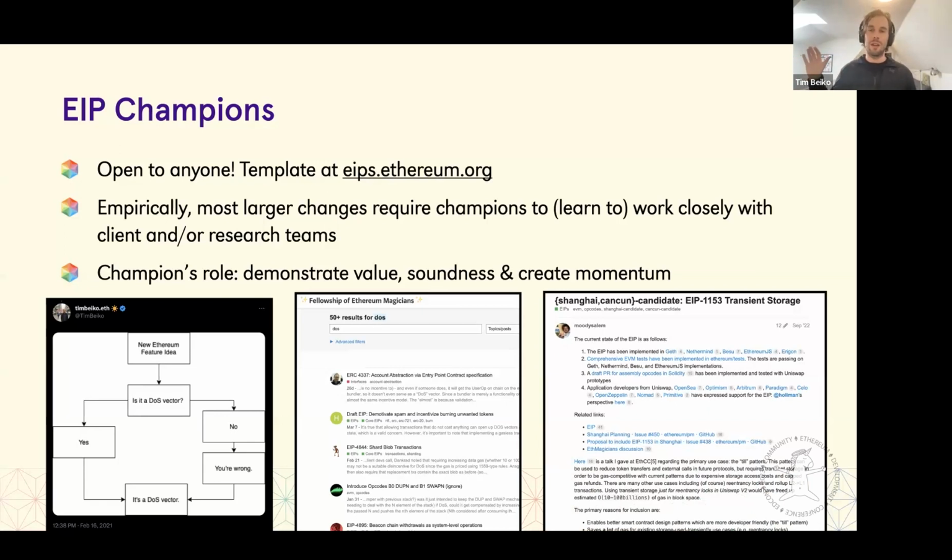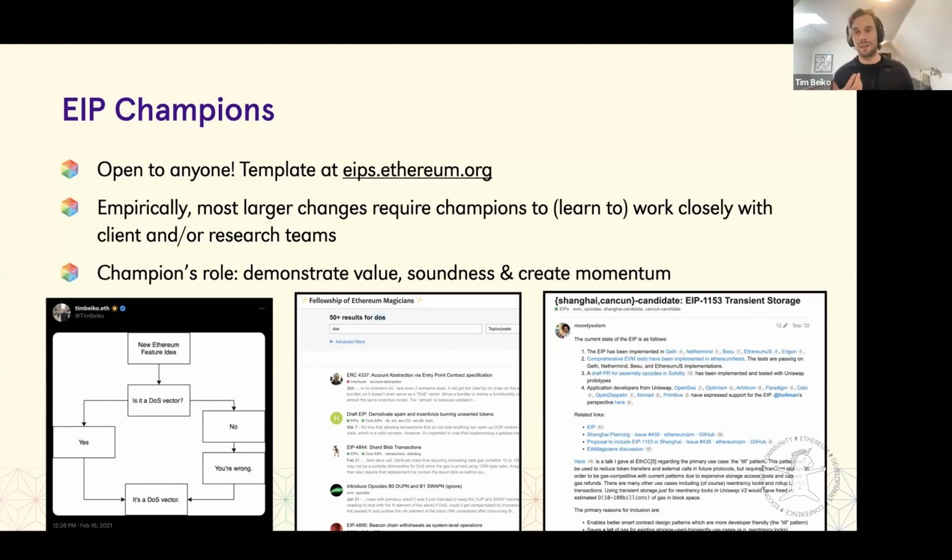And even though there were still some objections, and it's not necessarily everybody's favorite proposal, I think the quality of the work that they did, the feedback that they got, and the support that they managed to show from the community meant that it got scheduled for the next network upgrade.